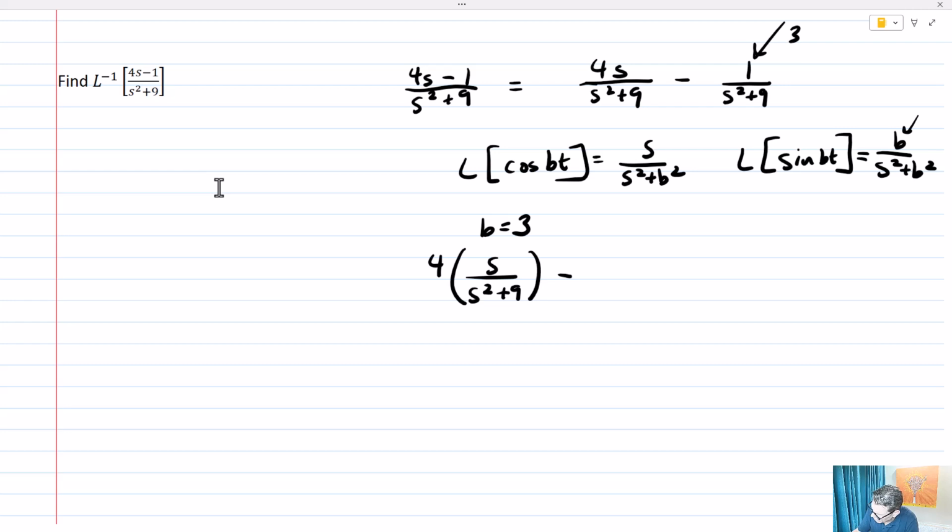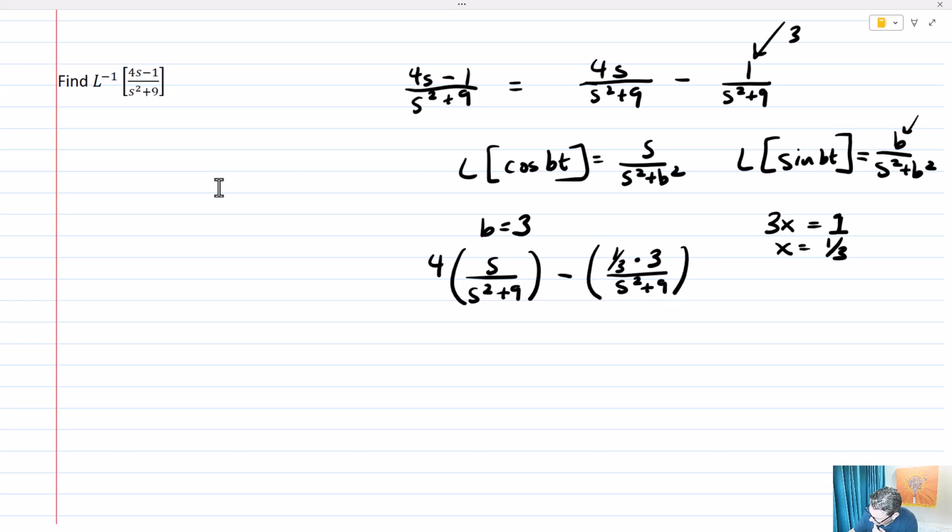So if I need a 3, what that means is that 3x equals 1. So x should equal 1/3. So what that gives me now is 1/3 times 3 over s squared plus 9.